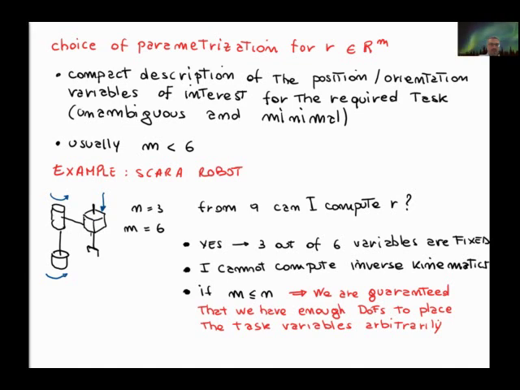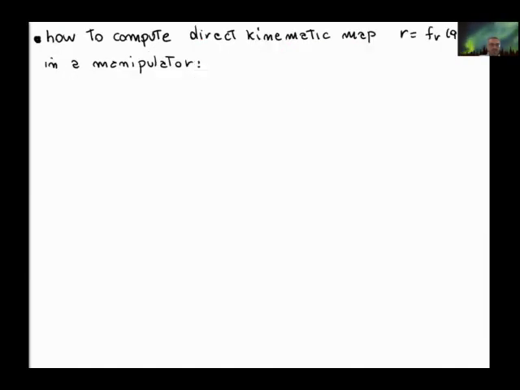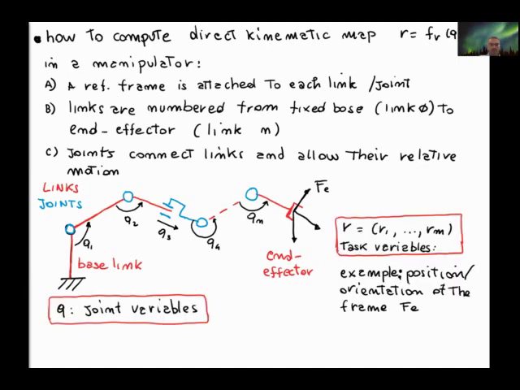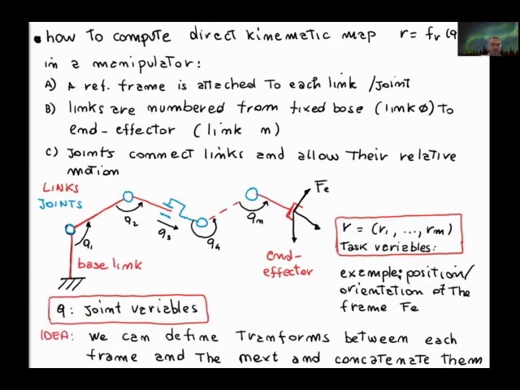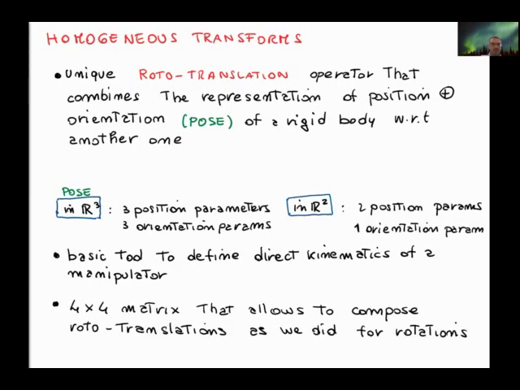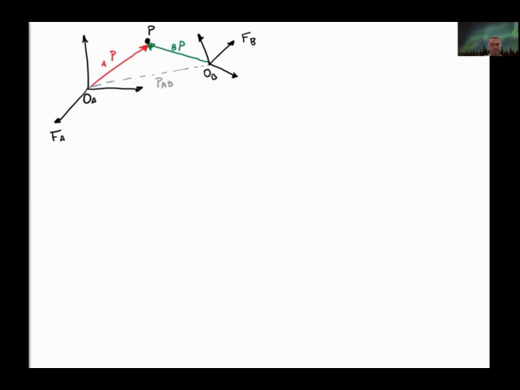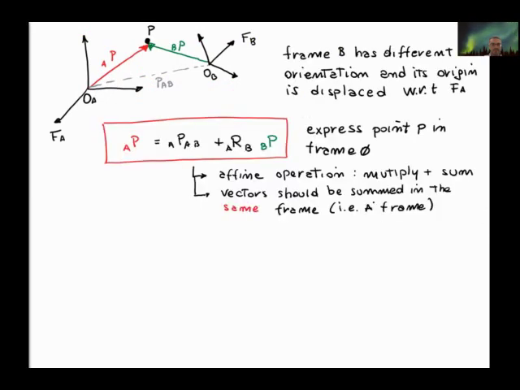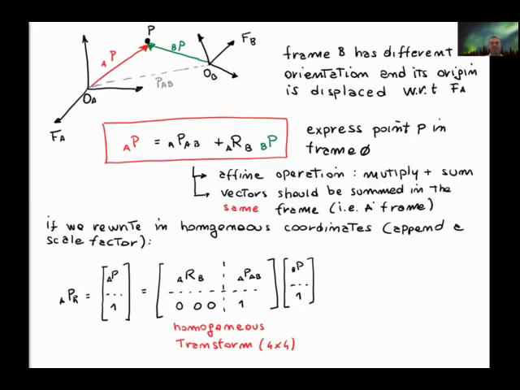Now, if we go back to the point where we left, we started to introduce homogeneous transforms that are 4x4 matrices that allow to encode roto translations, and they are linear operators.